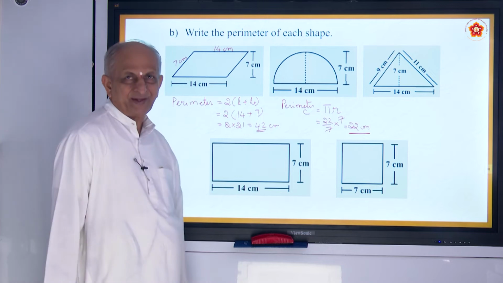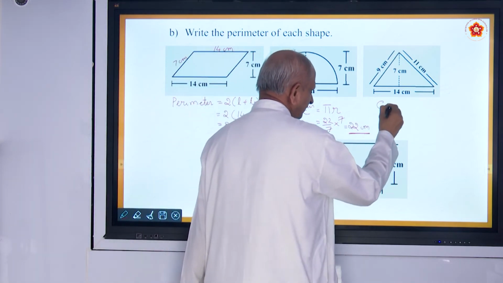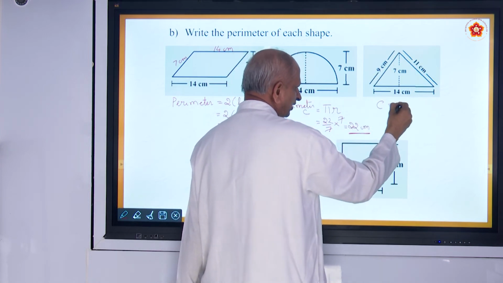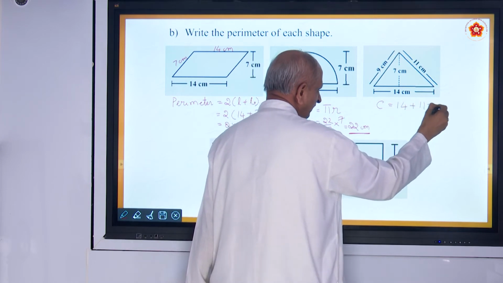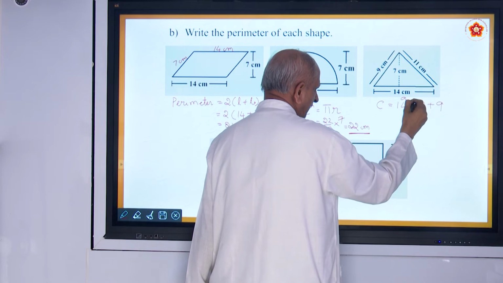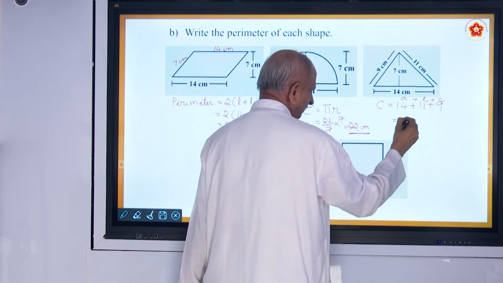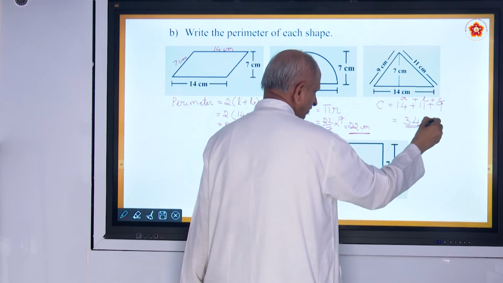Come on, about the triangle. The perimeter C is equal to, there are 3 sides which are all different. So 14 plus 11 plus 9. You can call it A plus B plus C. So 25 plus 9, how much? 34 centimeters.